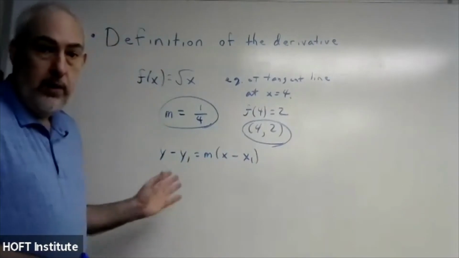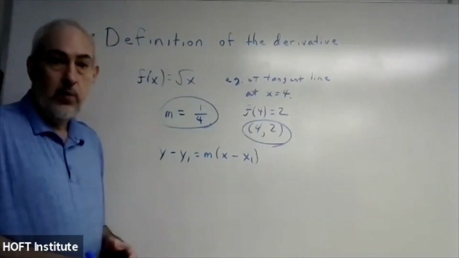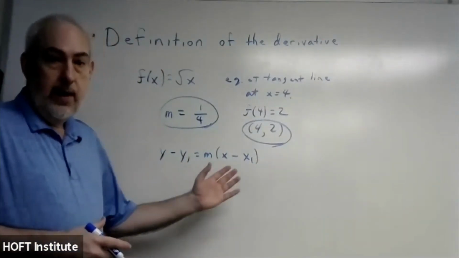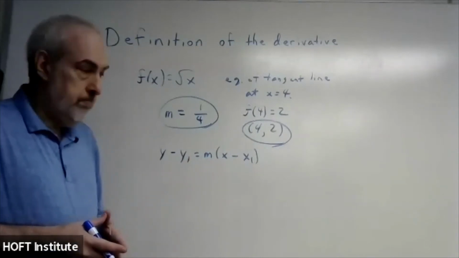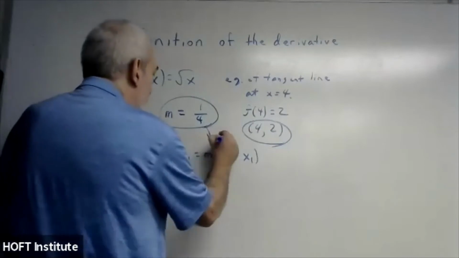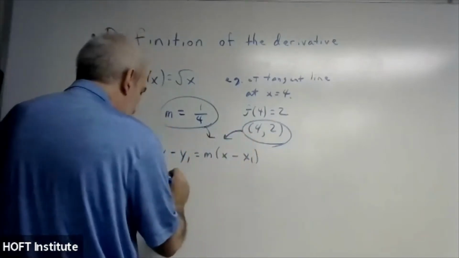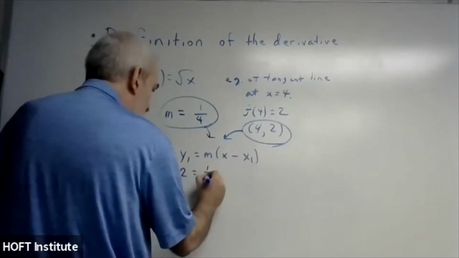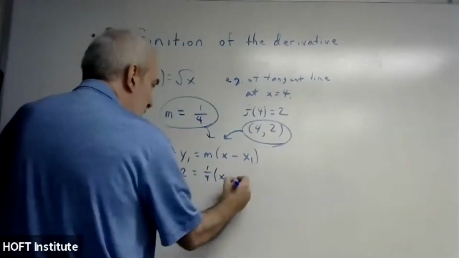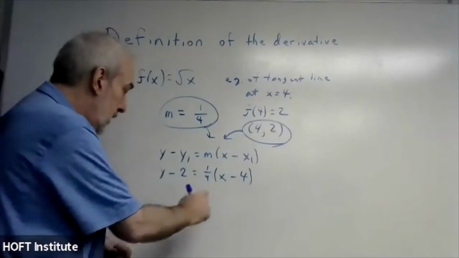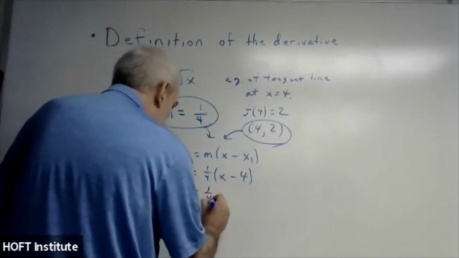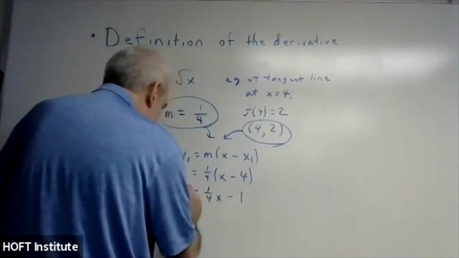y minus y1 equals m times x minus x1, where m is your slope, and (x1, y1) is some point that is on your line. Plugging this information in gives us y minus 2 equals 1/4 times (x minus 4). Distributing on the right side gives you 1/4 x minus 1.